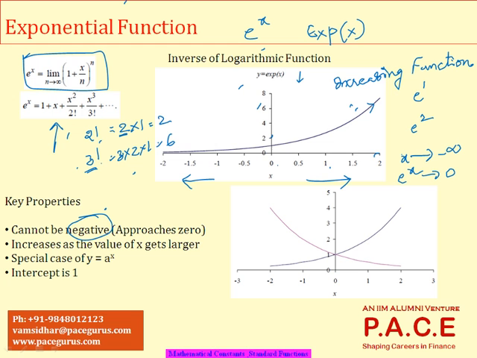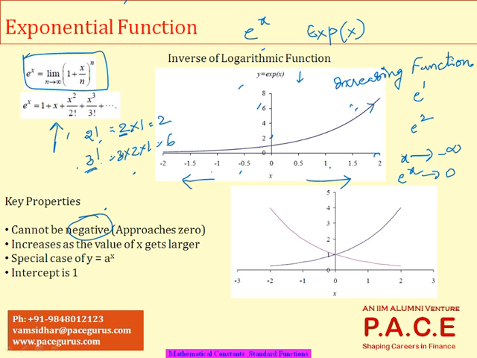This is one way you can express the relationship between x and e to the power of x. And where does it cut? Whenever we talk about graphs, another important thing that we need to understand is at what points this particular graph cuts the x-axis as well as y-axis. We have already understood that this graph cannot cut the x-axis, because it approaches 0 but it cannot become negative.